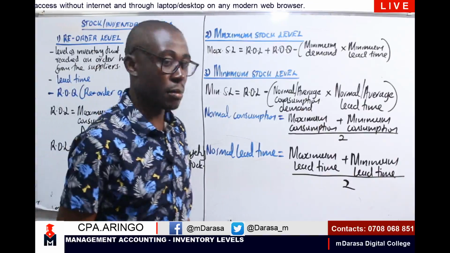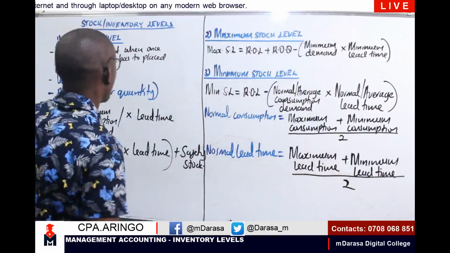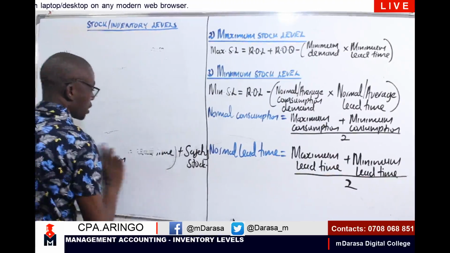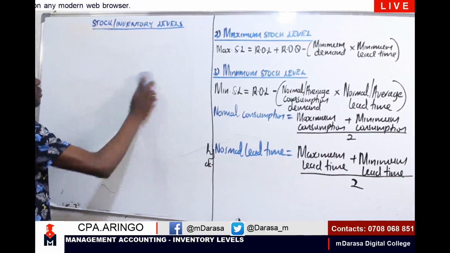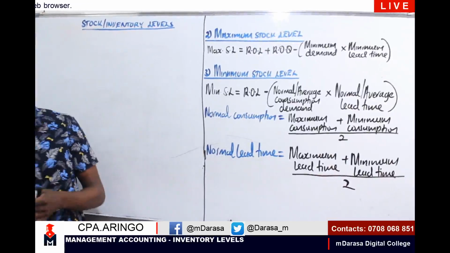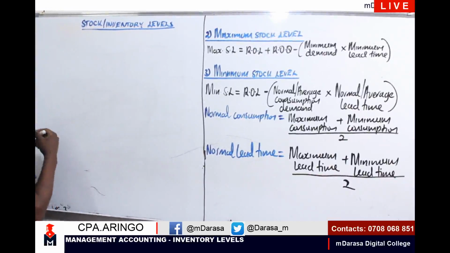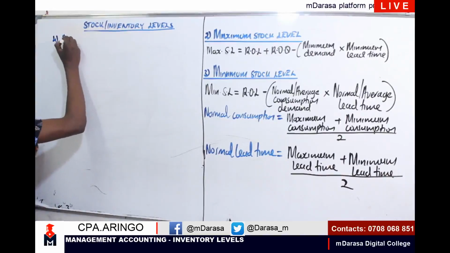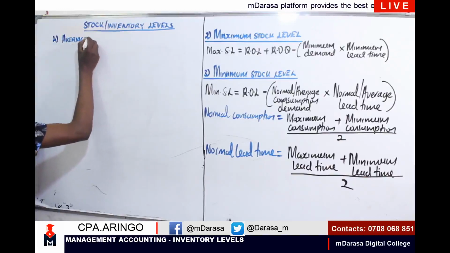Now, I believe we have a green light to proceed and look at the other level of inventory, which is number 4. In this case we are going to refer to this as the average stock level.